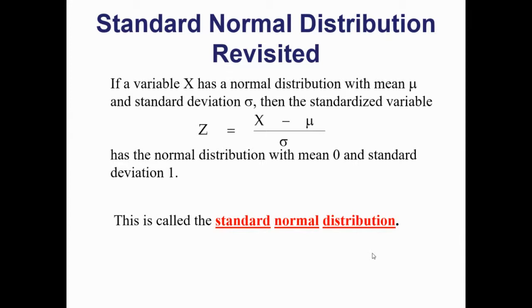And then our variable has a normal distribution with a mean of 0 and standard deviation of 1. So again, this is called the standard normal distribution.